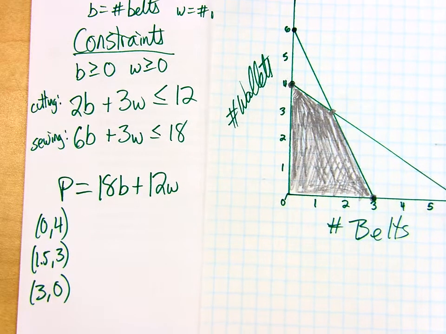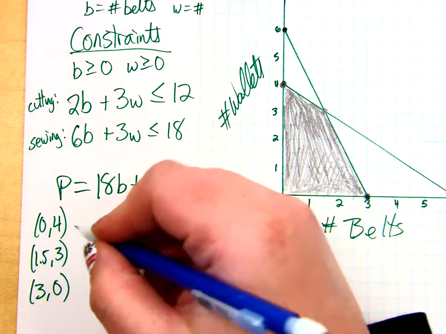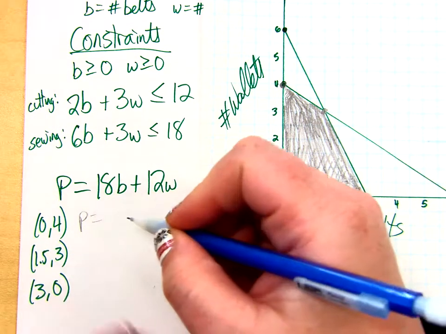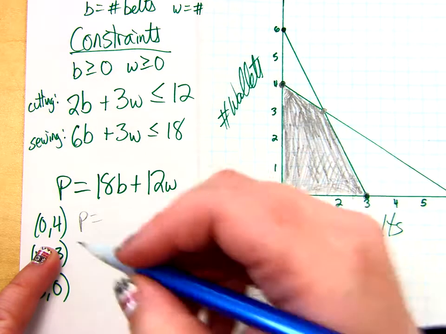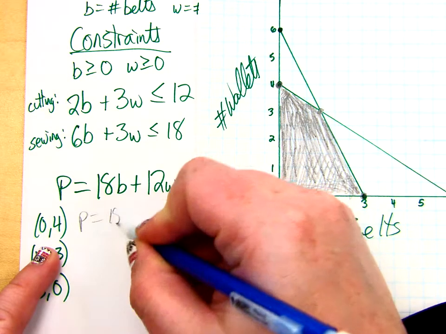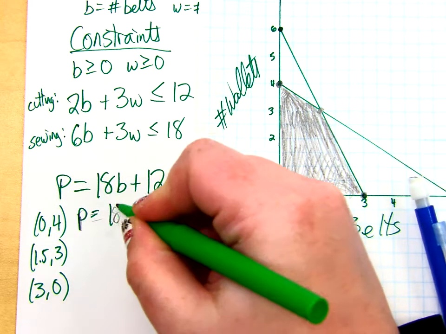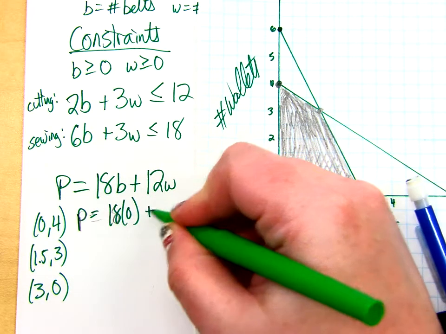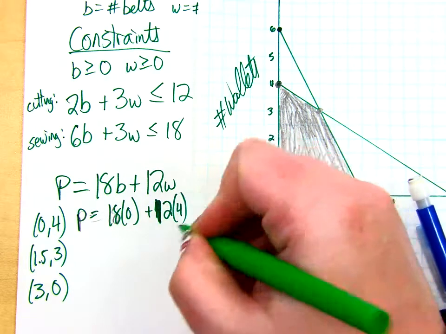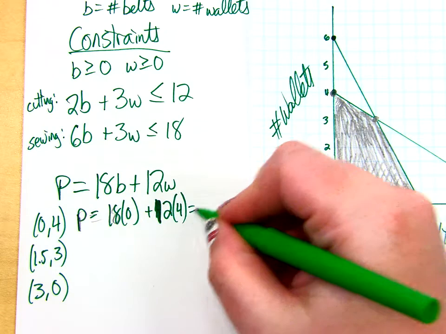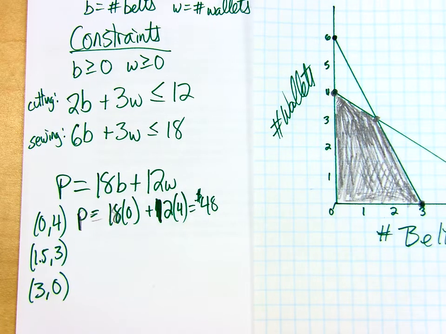All right, let's plug in our values and see what's going to make us the most money. B is X and W is Y. So 18 times 0 plus 4 times 12, that's going to get me $48 if I work it that way.